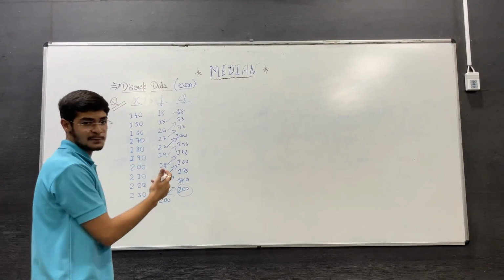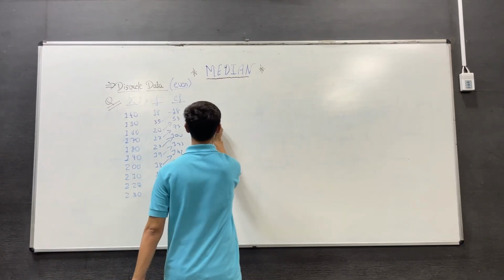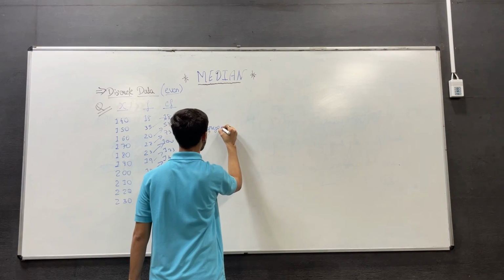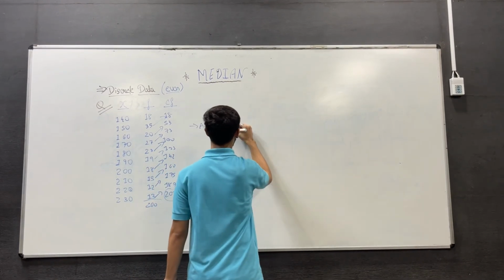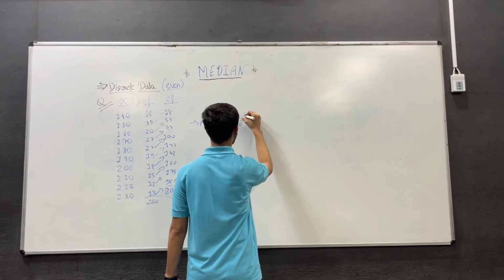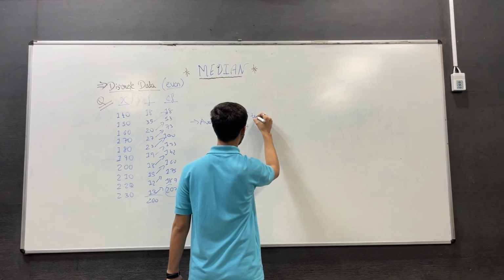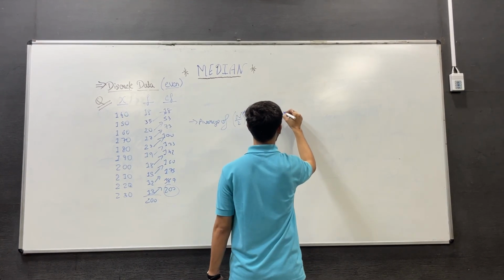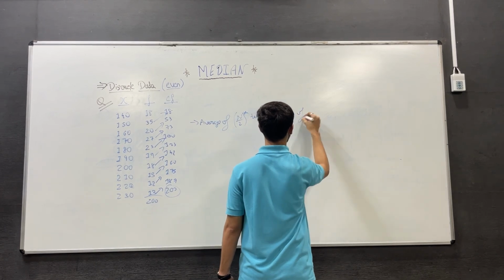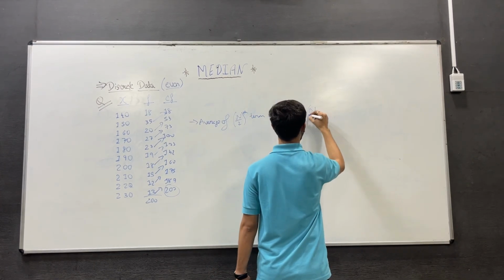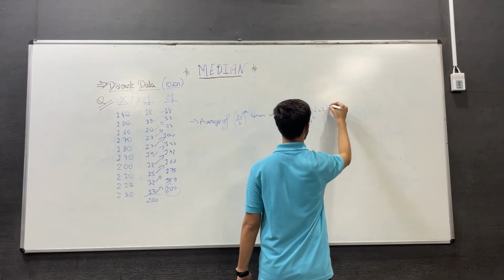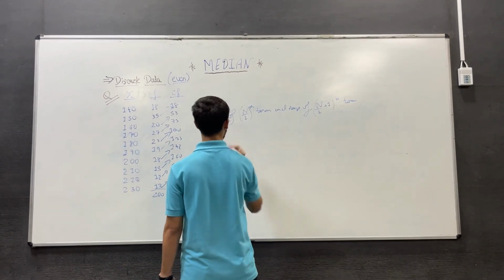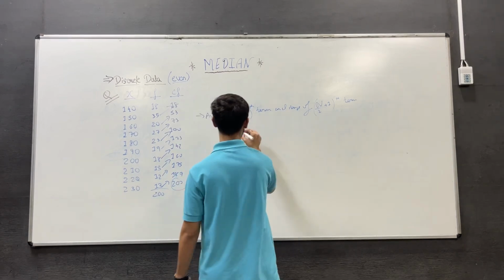So now let's put the formula. The formula is the average of the (n by 2)th term and the (n by 2 plus 1)th term. Over here the n is 200.